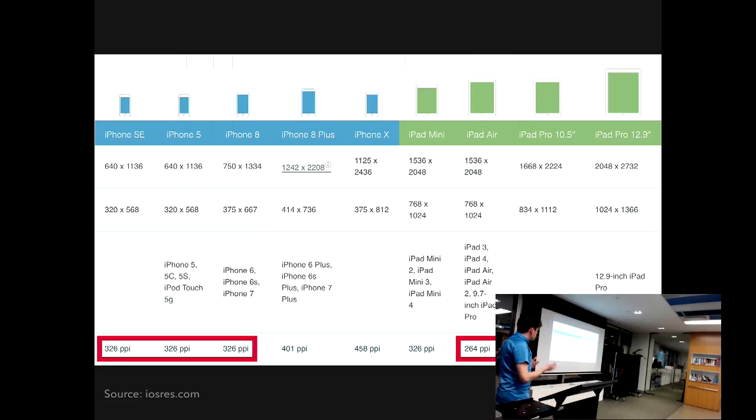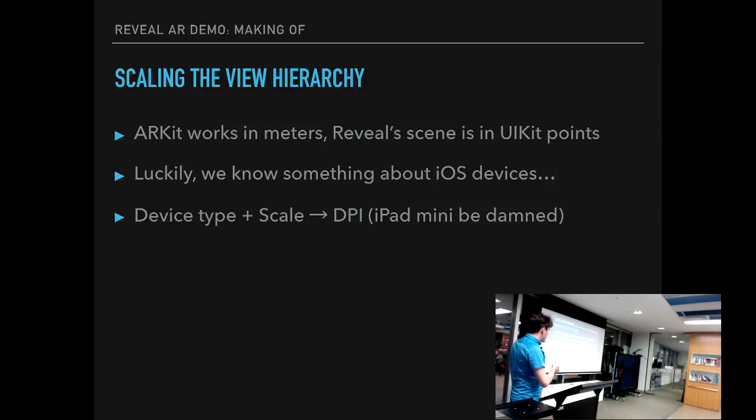So we can just make it work by taking a look at what's the device type, maybe what's the scale for 8 Plus or iPhone 10. The things get complicated. The demo was done before iPhone 10 came out, so yeah. So we can just derive the DPI from device type and scale, and iPad mini be damned.